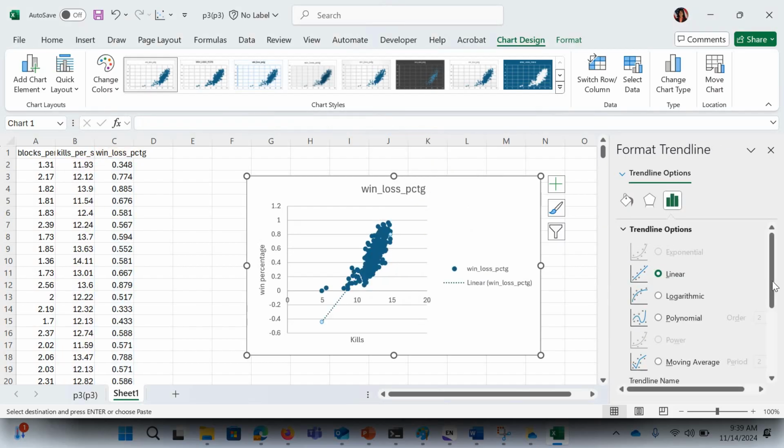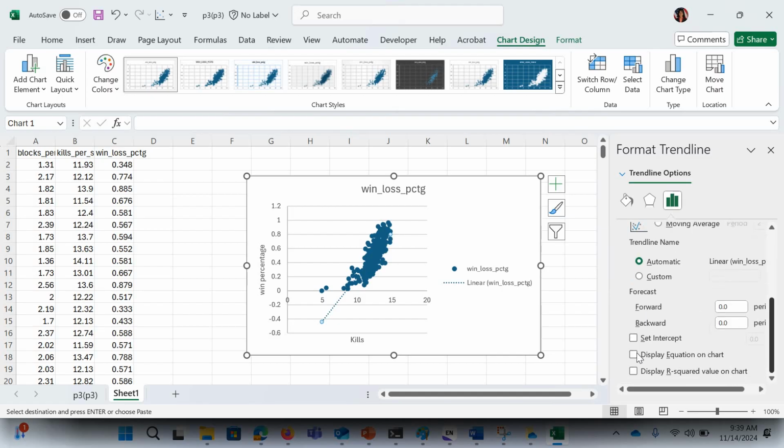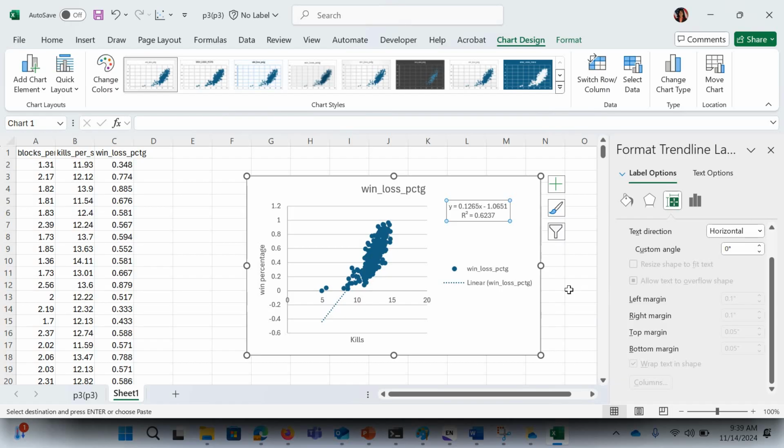Add trend line. And then you'll see down here where I can go down and just do the equation and the R square. The R square is 0.6. That means 60% of your variance for win-loss percentages is due to just the kills. 60% is explained just by the kills.